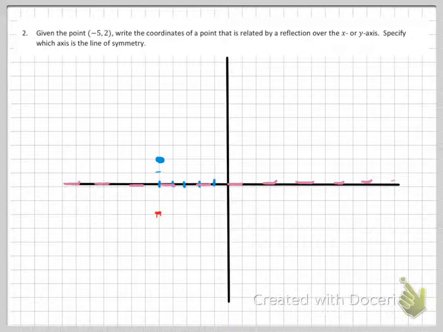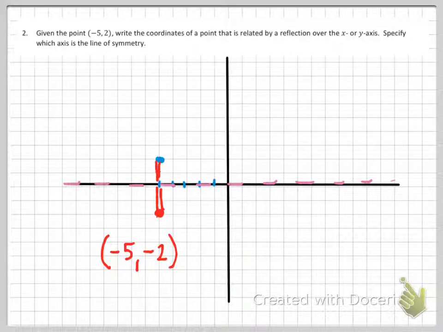Notice that we have 2 spaces here and 2 spaces here. A reflected point is always the same distance from the line of reflection as the original point. So our new point would be (-5, -2). That would be an ordered pair that's related by reflection over the x-axis.